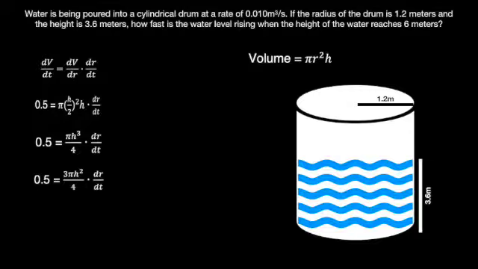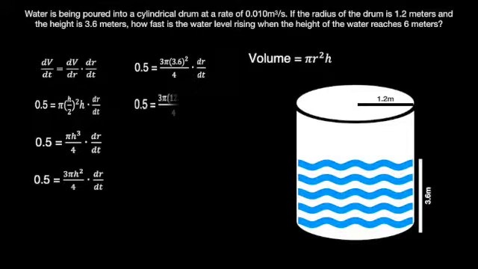Since the height given is 3.6, we need to substitute that value to the equation. Therefore, we're going to have 0.5 = 3 times the quantity 3.6² π/4 times dr/dt. And now, perform the equation.